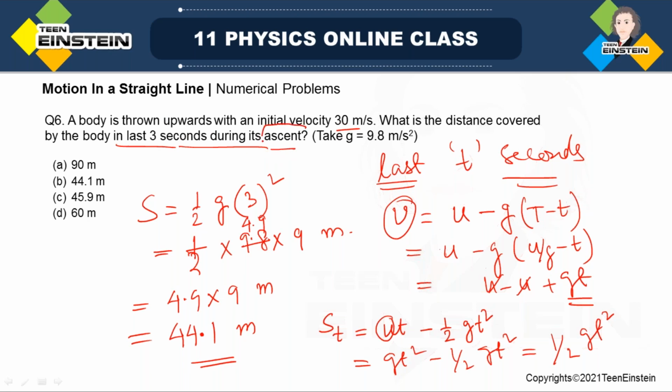You have to remember this is during ascending, not descending. So the formula is St is equal to half gt square, and we have used it. You might be thinking, sir, why did you tell me all this and then use just this simple formula?